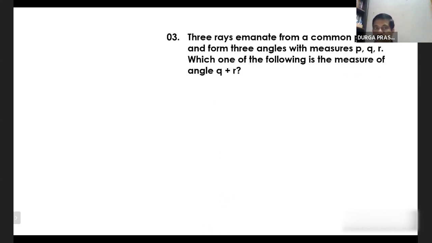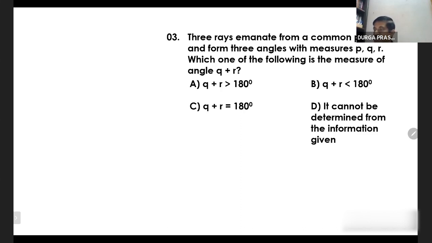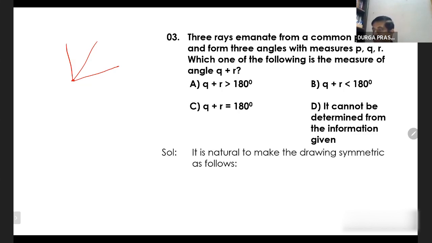Yeah. Three rays emanate from a common point, form three angles with measures P, Q, R. Which one of the following is the measure of angle Q plus R? Let us see how these are. So three rays emanate from a common point. 1, 2, and 3. So this is the thing.